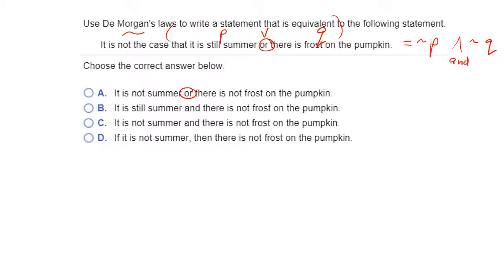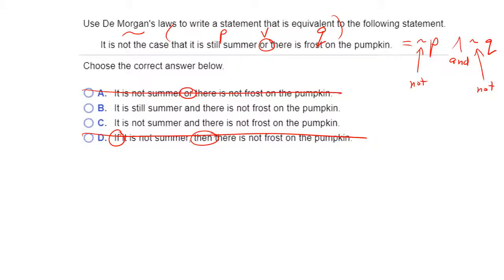This first example has an or, so it would not be an answer choice. My last example uses if then, so that would not be an appropriate answer choice. I also need negation. So I need the word not listed twice since I'm converting this.